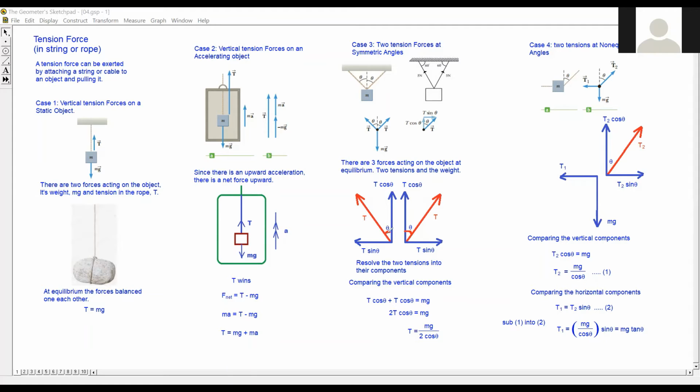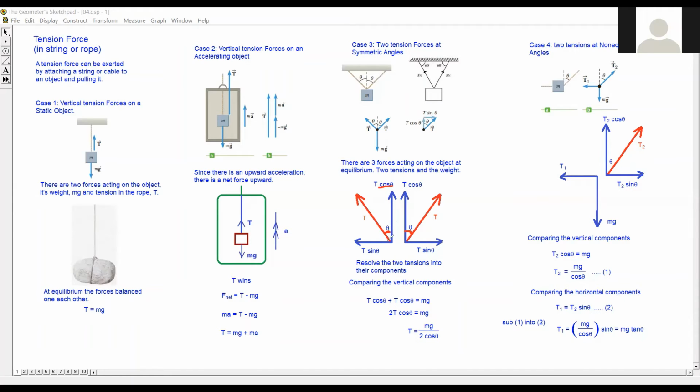The vertical component is adjacent to the angle here. So adjacent is cos. So this blue arrow, the vertical blue arrow, the magnitude or the size of the tension is T cos theta.